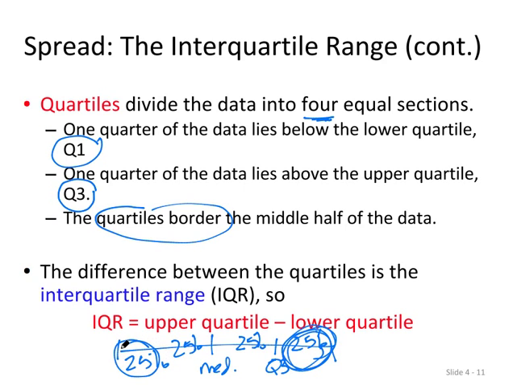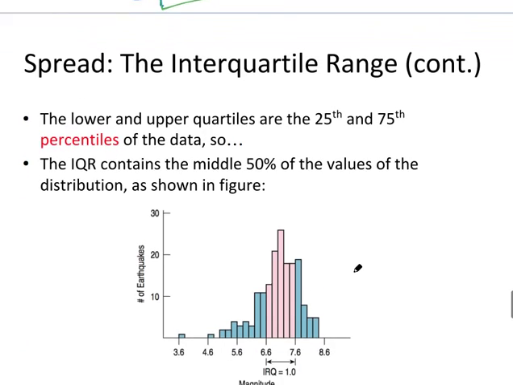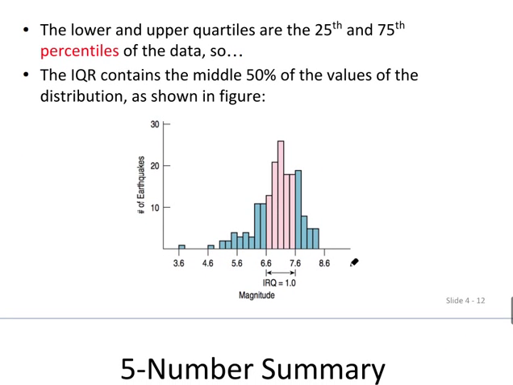Here would be quartile 1, the lower 25%. The difference between Q1 and Q3 is our interquartile range. When we graph box plots in the next chapter, you will have to know exactly how to find the interquartile range. So the 25th and the 75th percentiles, and the IQR is the middle: 25% on either side of the median.